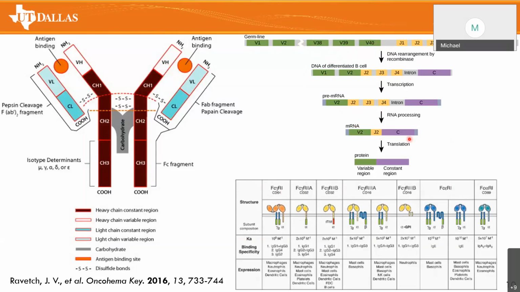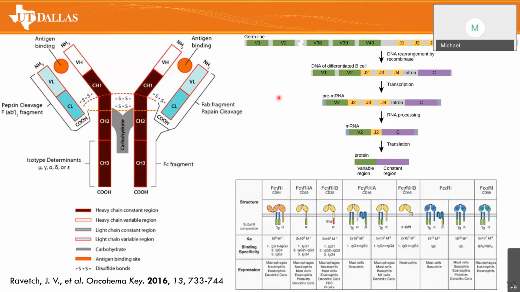This basically allows your variable region to be different amongst different B cells. In this case, we're showing V2J2 for the variable light region, and this will express a region that has specific binding to a specific pathogen. But if it's V4J5, it's going to have a different binding to a different pathogen.